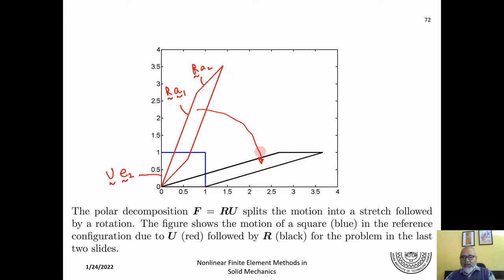So this black one is just a rotated version of the red one. So this is the way we split up the rotation and the stretch at a material point.